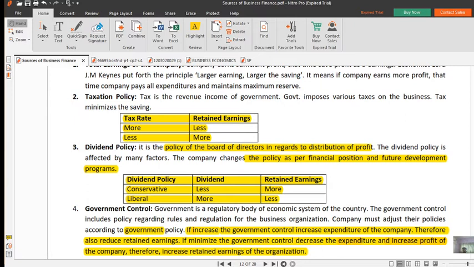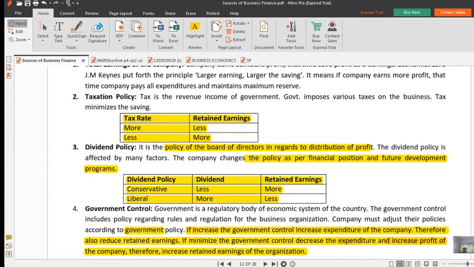Government controls the economic system by making various laws, rules, regulations, guidelines which must be followed by the business organizations. So company business must make adjustments with the change in government policy.